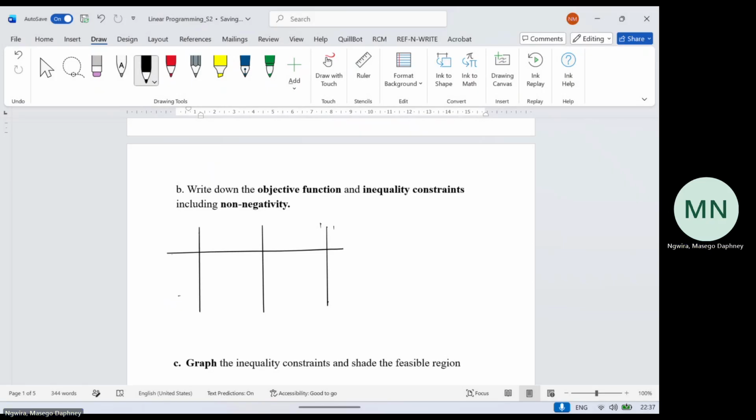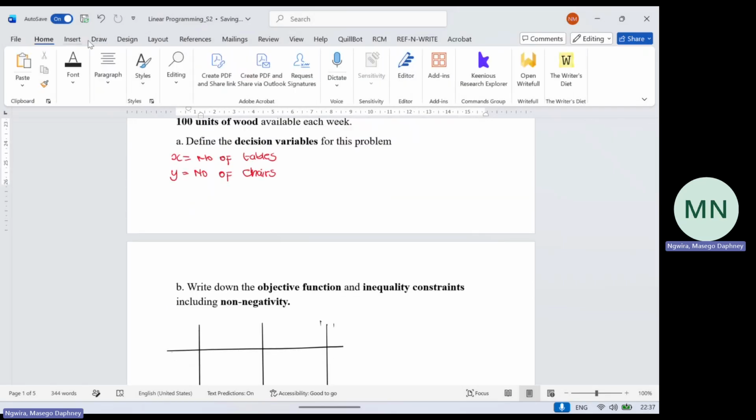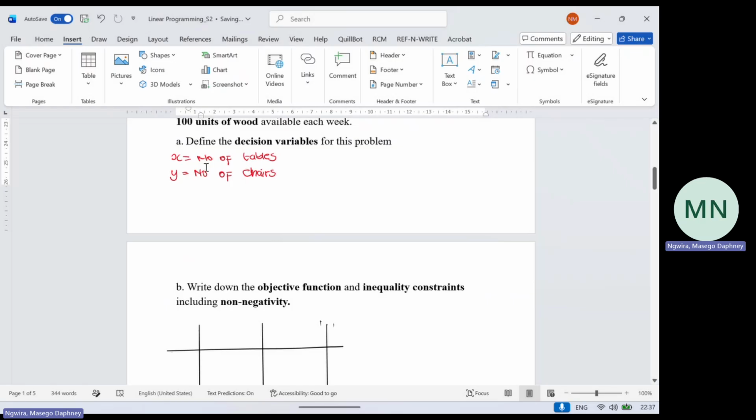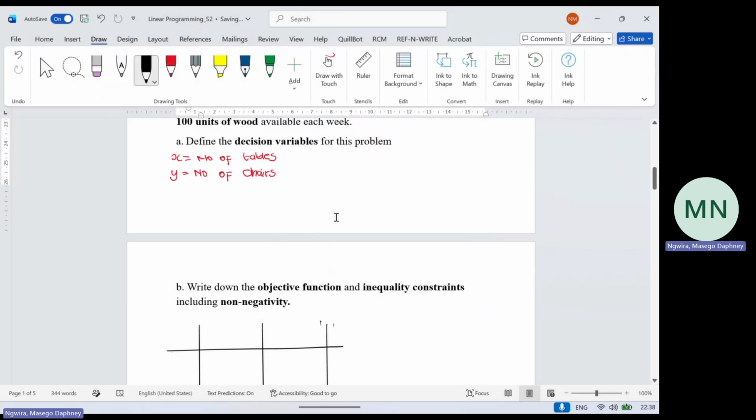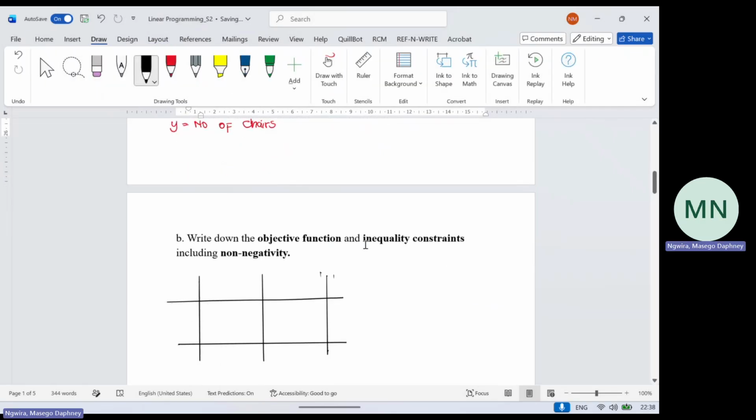I'm going to start with my X and my Y. We said that X is the number of tables, so I'm going to start with the number of tables. I'll write tables here, and then X, and then chairs.